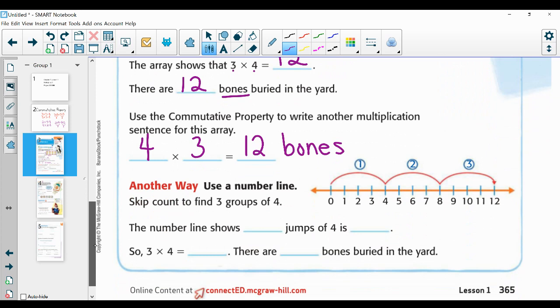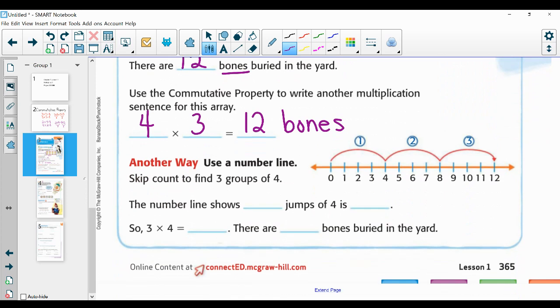Okay, here's another way. Let's use a number line. So we're going to skip count to find 3 groups of 4. So the number line shows blank jumps of 4 is blank. So we have 1, 2, 3 jumps.